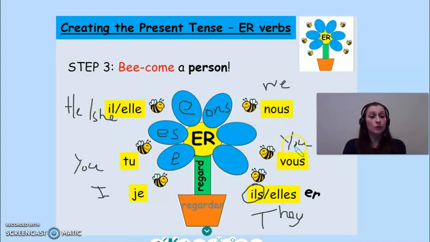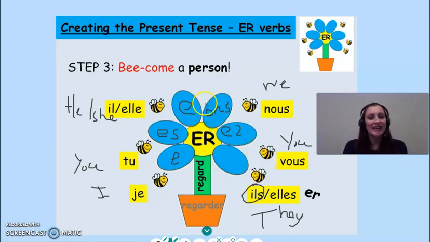On to vous. So this is you, formal, or it could mean you as a group, you lot, as in a group of people. Now, we wouldn't have that distinction in English, but in French, you can be tu if it's informal, so maybe it's your friends, or vous if you were talking to maybe your teacher, or if you were at work, a boss. So that would be the EZ ending, which we say ay. So it becomes vous regardez.